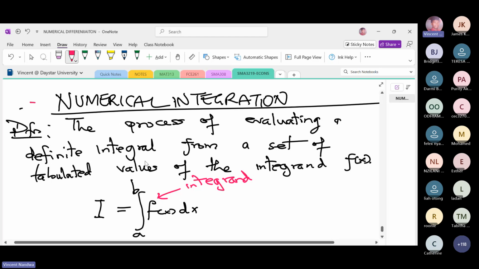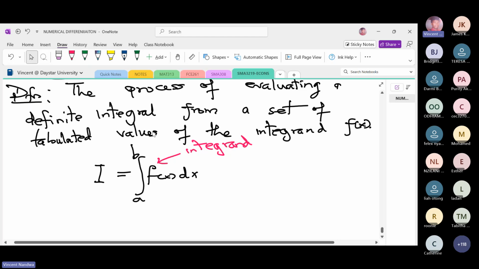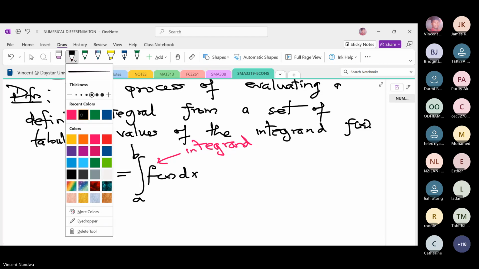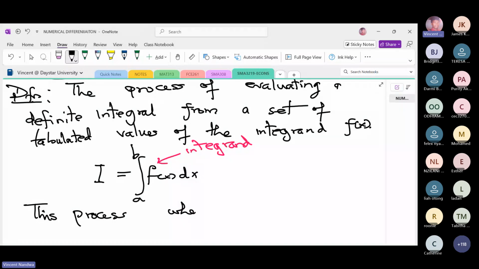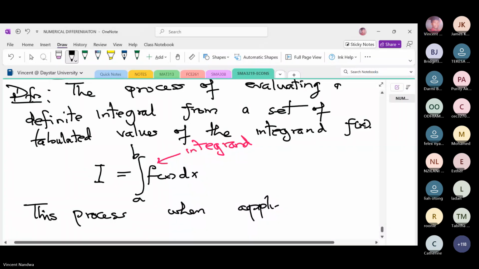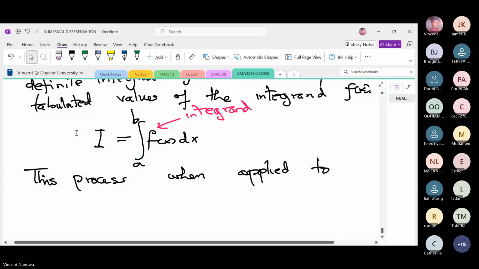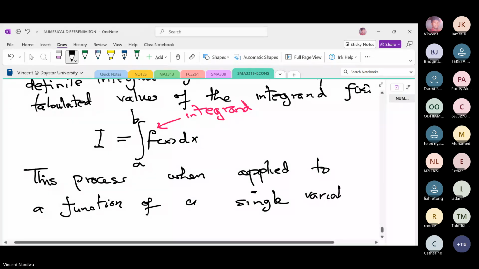That is when the process of numerical integration becomes useful. When applied to a function of a single variable, this process is known as quadrature.